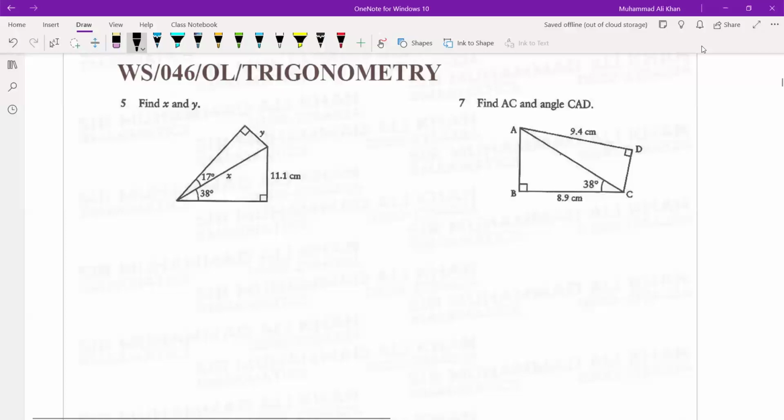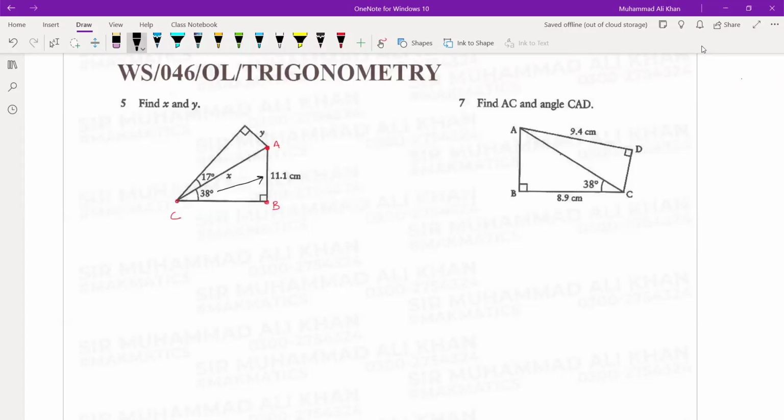Okay, students, now question number 5. A diagram is given. We have to calculate X and Y, right? So now, if we focus on this triangle, let's say this is A, this is B, and this is C. If we focus on the triangle ABC, we are able to calculate X by the help of angle 38.